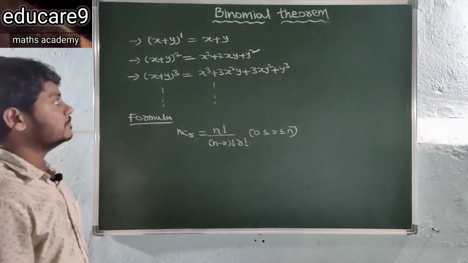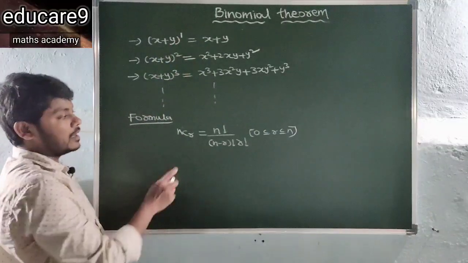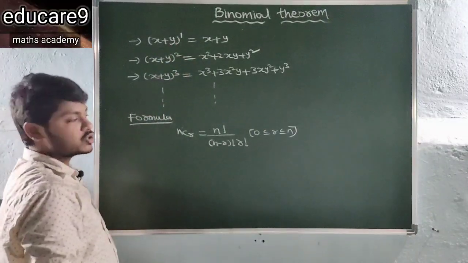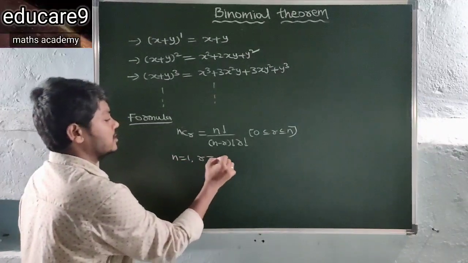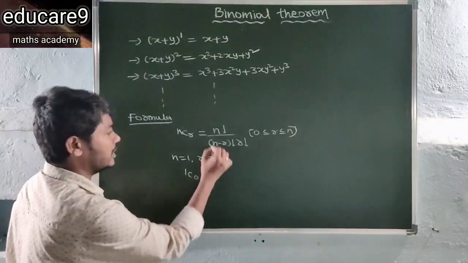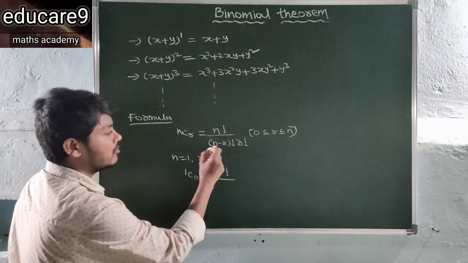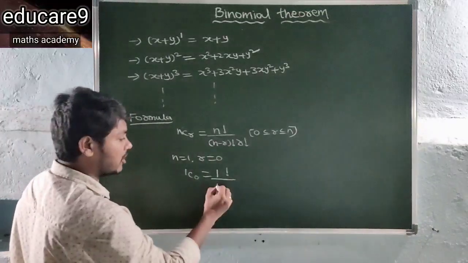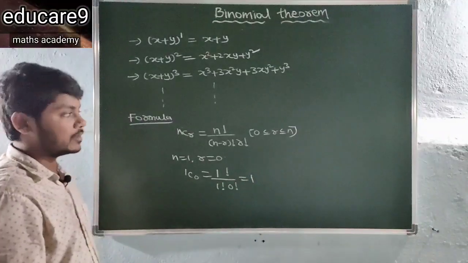Now see here, n is equals to 1 and put r is equals to 0. See here n is equals to 1, r is equals to 0. See here that is 1C0. So clearly what is that value? 1 factorial by 1 minus 0 factorial, 1 factorial into 0 factorial. So clearly 1C0 value is 1.